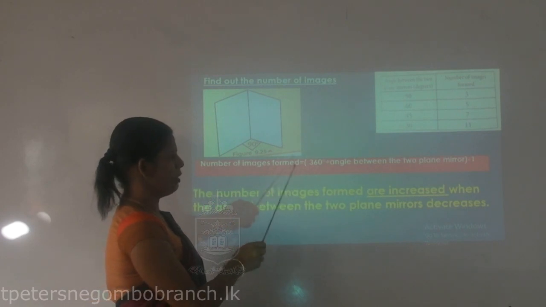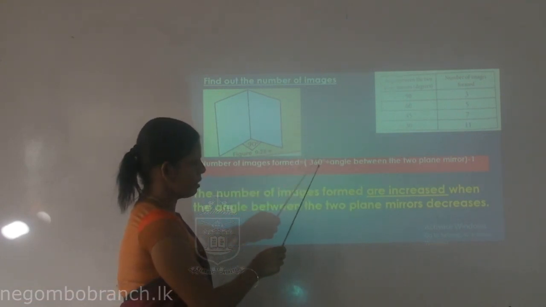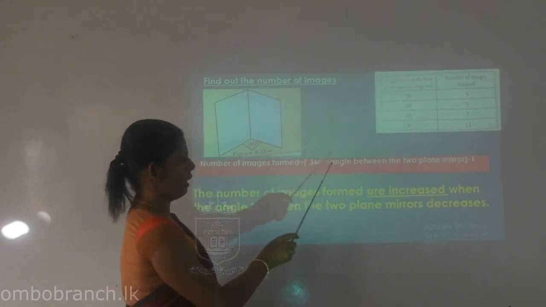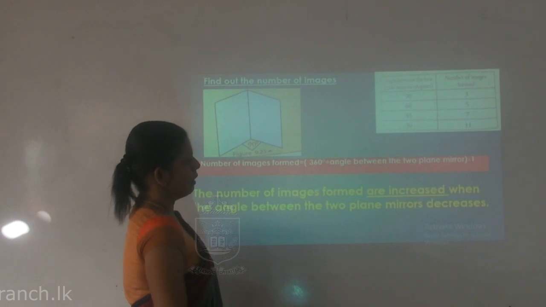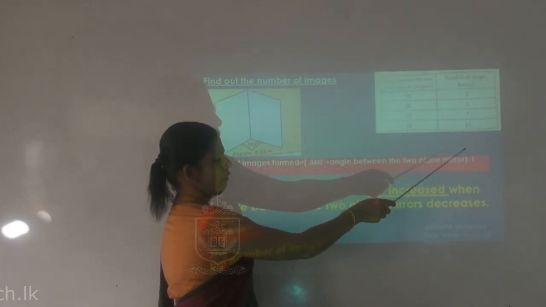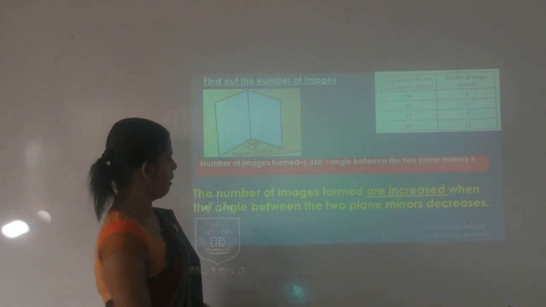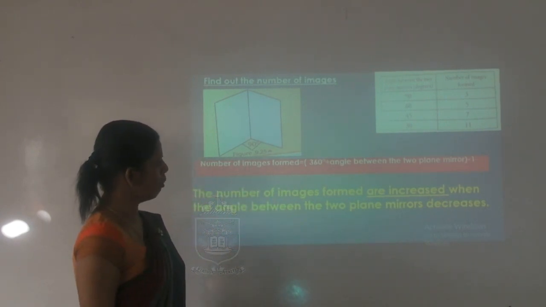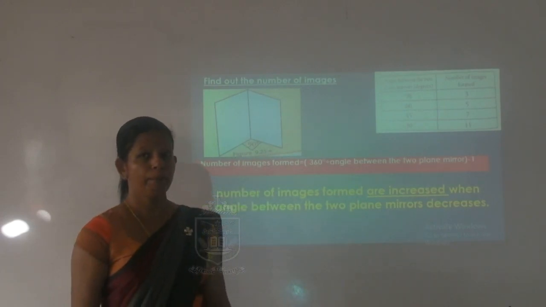Number of images formed equals 360 degrees divided by the angle between the two plane mirrors, then minus 1. If you subtract 1, we can obtain the number of images formed using these plane mirrors.